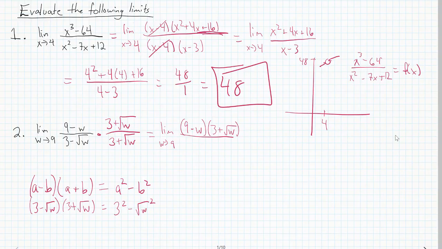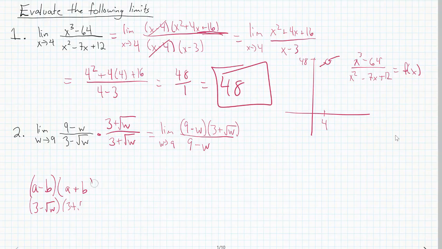Now I could get into how when you square the square root of w, that's actually the absolute value of w, but since we're approaching positive 9, we don't have to worry about the absolute value right now. So this becomes just 9 minus w for the sake of where our limit's approaching. And if you're worried about that absolute value, just ask a question and I'll be happy to answer what's going on there.